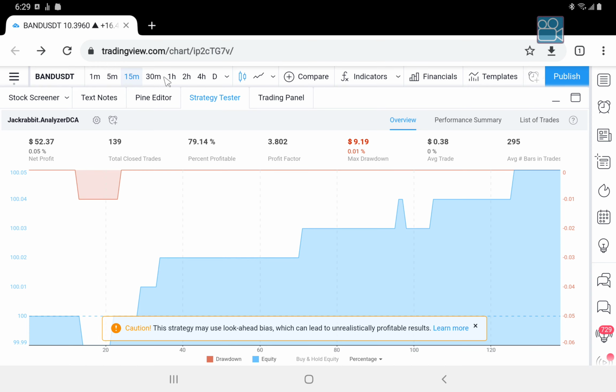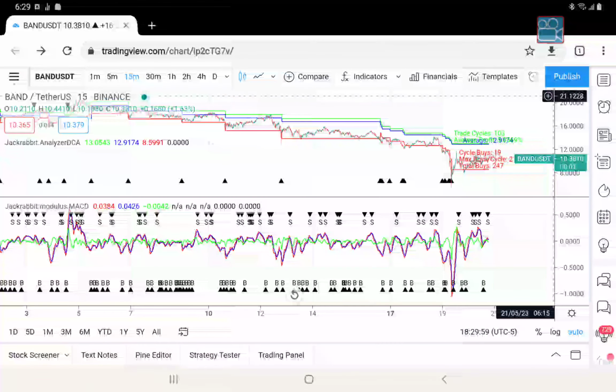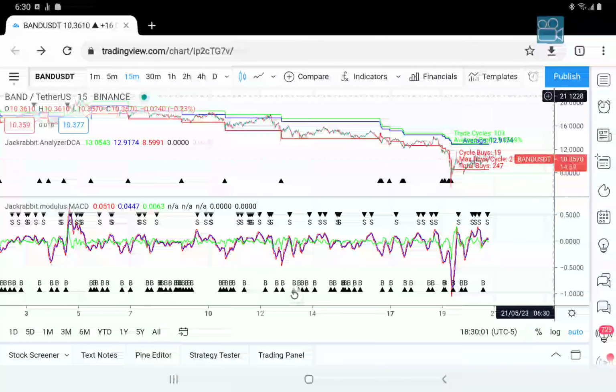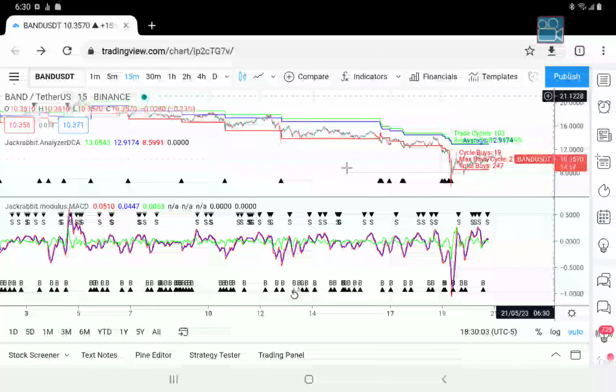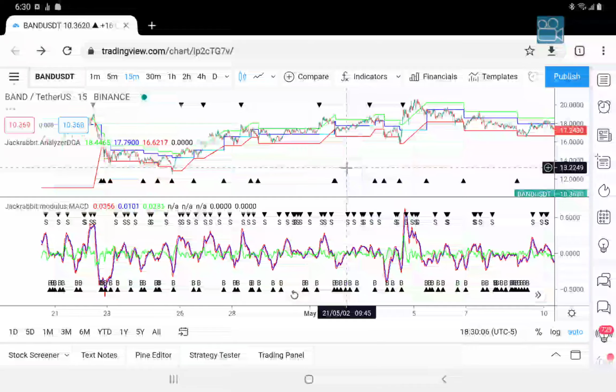Okay, we got it back online. You can see the various results. You can see the accumulation cycles. So be aware that the analyzer is funny. This is TradingView's internal system, and you can do weird things to it, like what I just demonstrated.